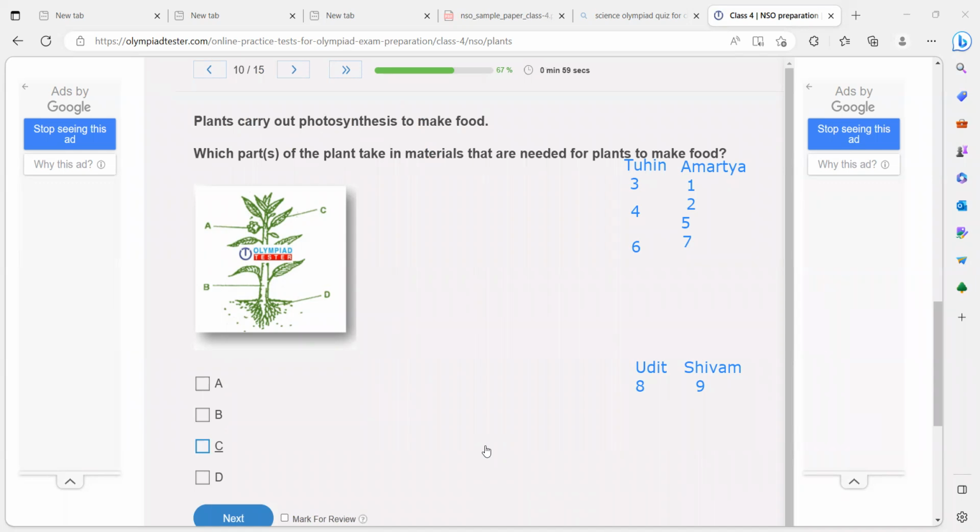Plants carry out photosynthesis to make food. Which parts of the plant take in materials that are needed for plants to make food?